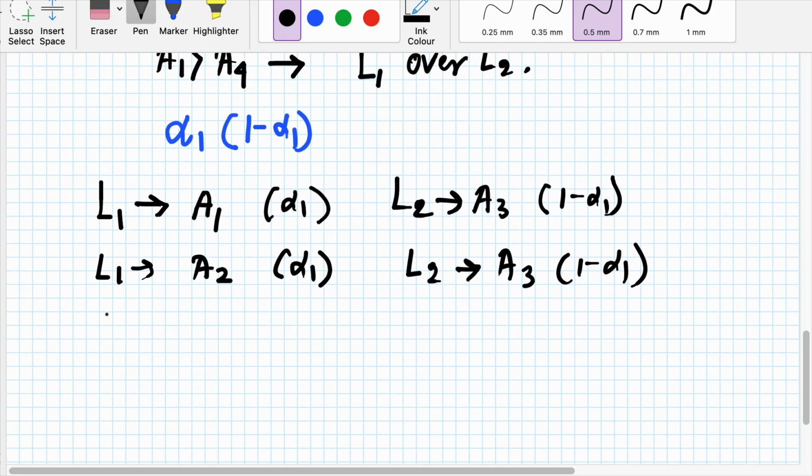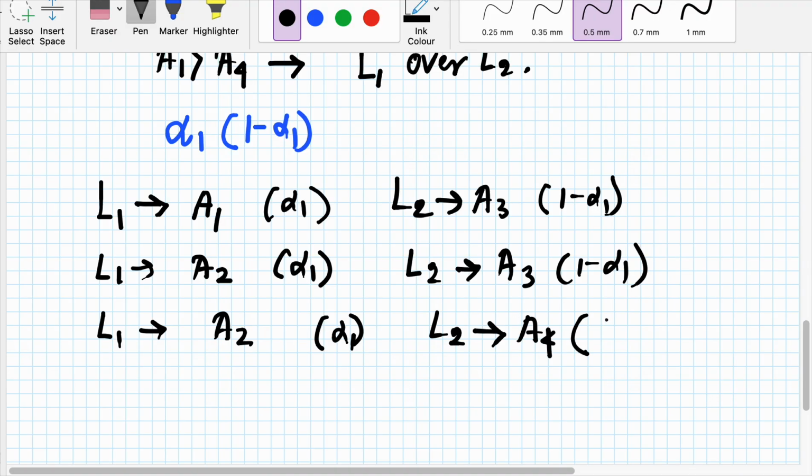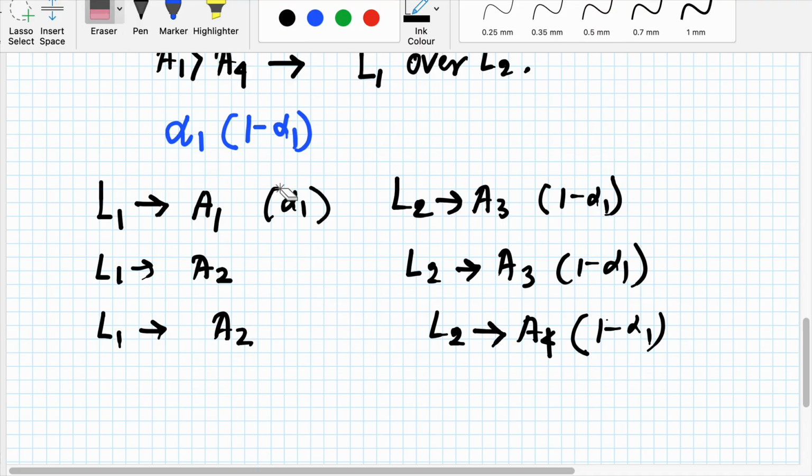So there can be 4 outcomes. A2 with probability alpha 1 for L1, and for L2 the consequence is A4 with probability 1 minus alpha 1. So that is how procedurally rational agents who sample each action only one time determine their actions.